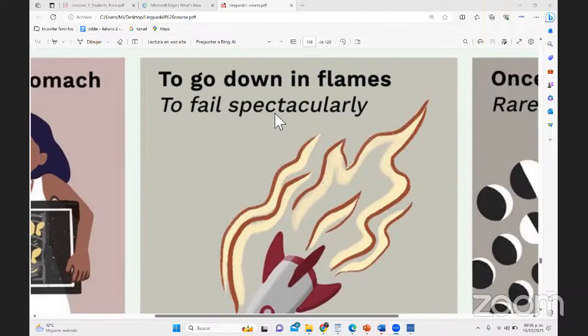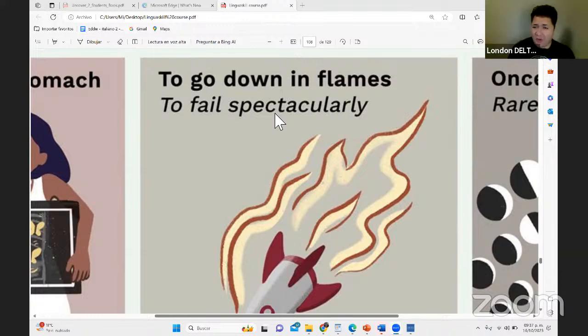Okay. A very intense or very exaggerated example of using this phrase would be, for example, the situation in Israel and Palestine. You can say the situation in Israel and Palestine is going down in flames. So it's like everything is going really wrong. It's terrible, right?